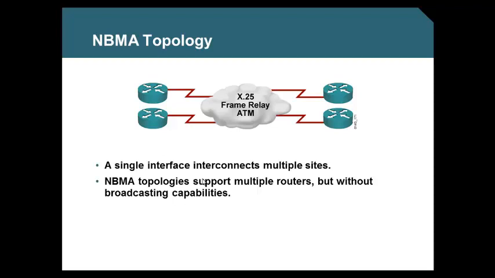So whenever you got frame relay or ATM or X.25 in between sites, we call it NBMA, non-broadcast multi-access, because the broadcast is not supported. There is no broadcast capability. If broadcast is not supported, even the multicast can't be supported.